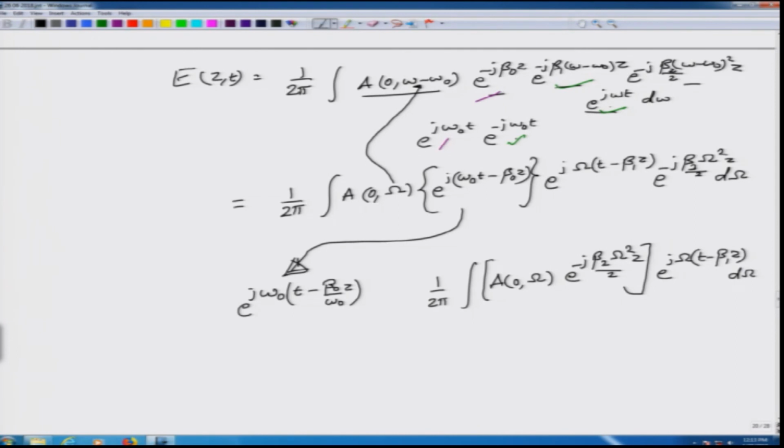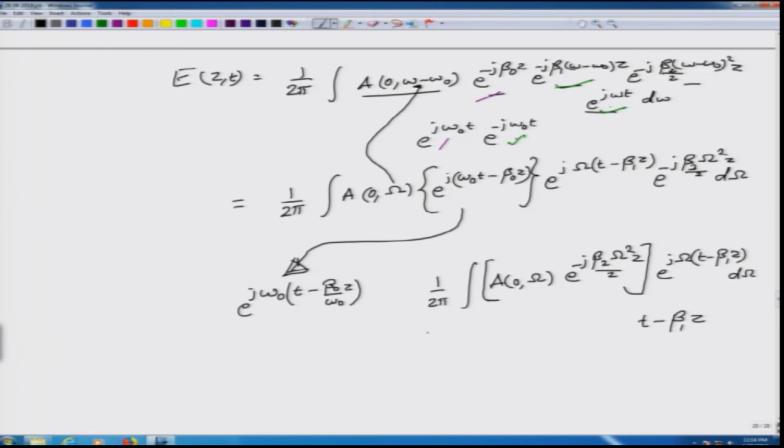Now, the term written in this square bracket is the term on which we are operating the inverse Fourier transform, except that we are now evaluating it not at t equal to 0, but at t variable, or rather at t minus beta 1 z.